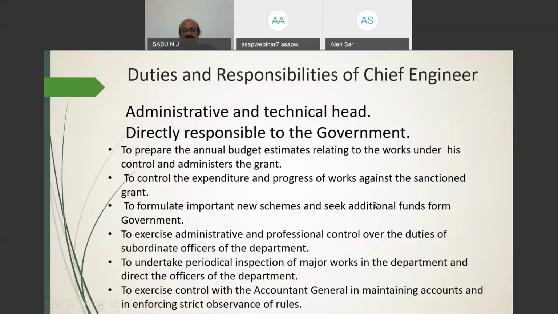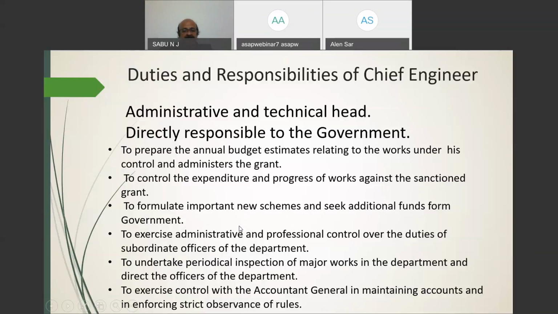All other functionary duties must be discharged by him for the smooth conduct of all the functions entrusted to the department. He has to exercise administrative and professional control. All of you know the meaning of administration.